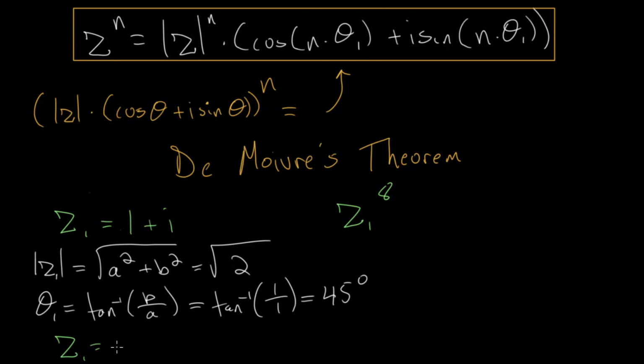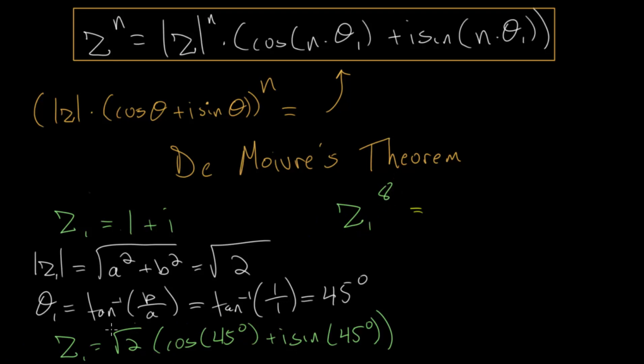And once we know its magnitude and direction, we can rewrite z1 in its polar form, since it's equal to the magnitude of z1, which is the square root of 2, multiplied by the cosine of the angle plus i times the sine of the angle. And we can now apply this formula where we are raising this complex number to the 8th power.